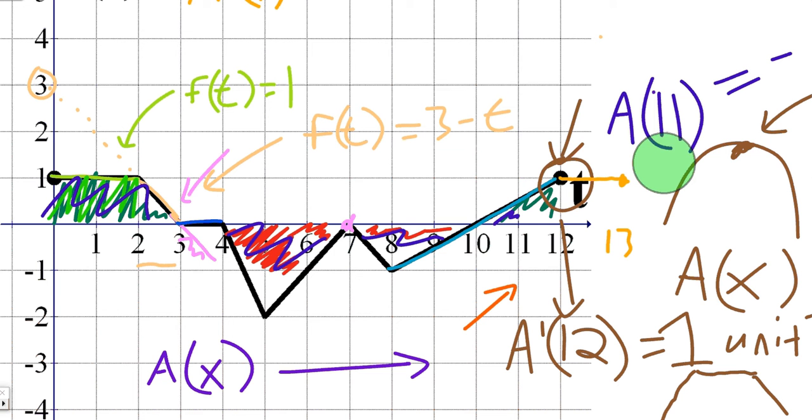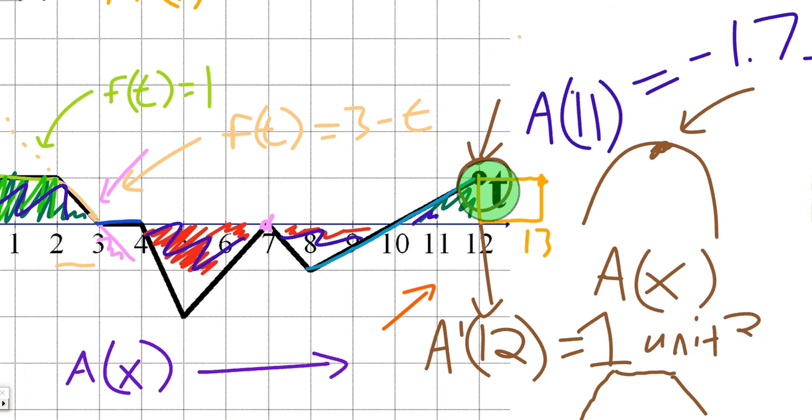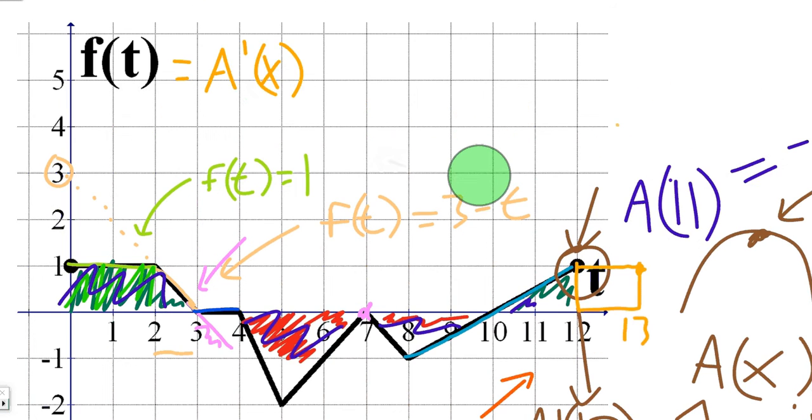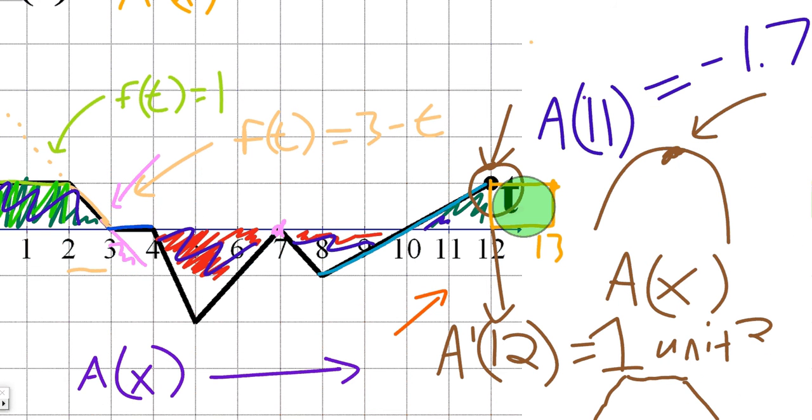Okay, this new area added would be a 1 by 1 block. I know it's not a perfect square, but you can see the y value is 1 and the change in x is 1. So there's one way of confirming it: if it were to stay at that y value, which actually gives you the derivative of A of x, it would increase by 1 square unit for every increase in x.